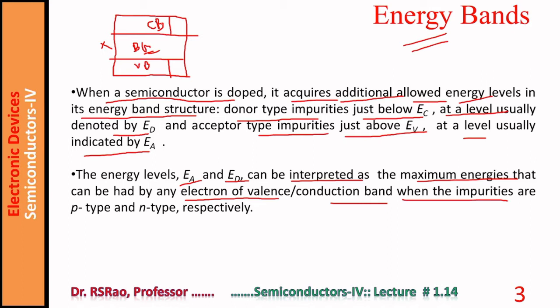Or when a conduction band electron falls into the valency band, an energy gets released which is at least equal to the band gap energy. Now, the point is, an increase in conductivity means a valency band electron moving to the conduction band, and it requires energy equal to the band gap energy.